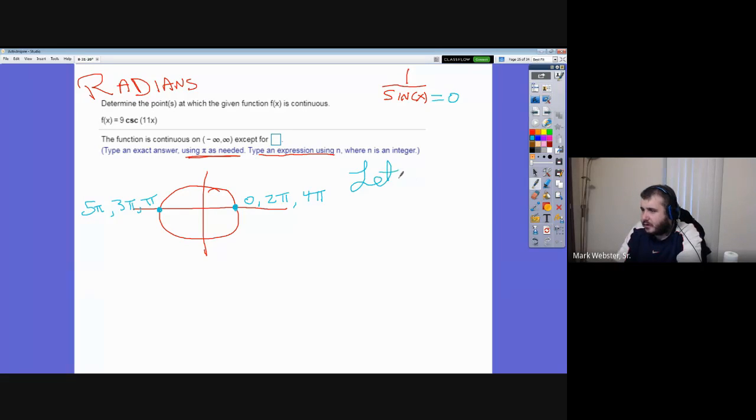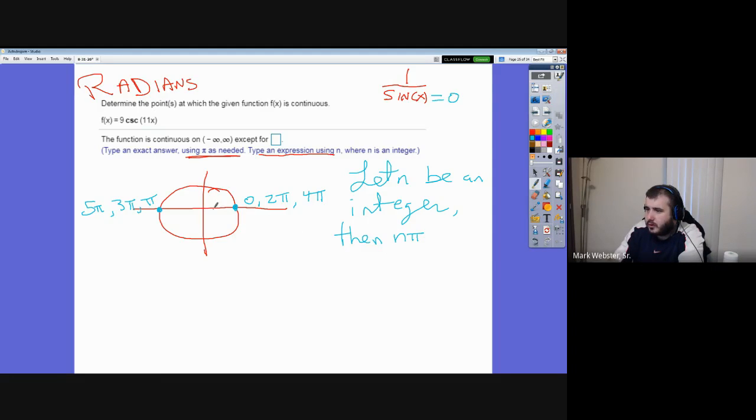But when I was a kid, we would say let n be an integer, then 0 pi, 1 pi, 2 pi, 3 pi, 4 pi, 5 pi, or the negative ones too, right?